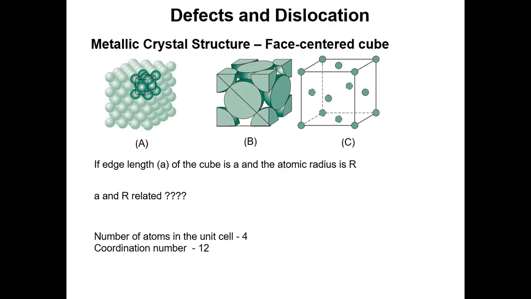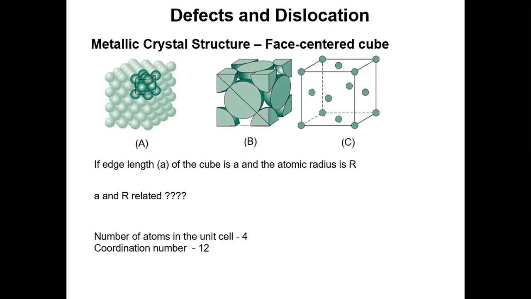Other than that, I told you the number of atoms in the unit cell is specific to the type of structure. I will say the number of atoms in the FCC unit cell is 4. How? Because at corners, this atom is shared with 8 unit cells.